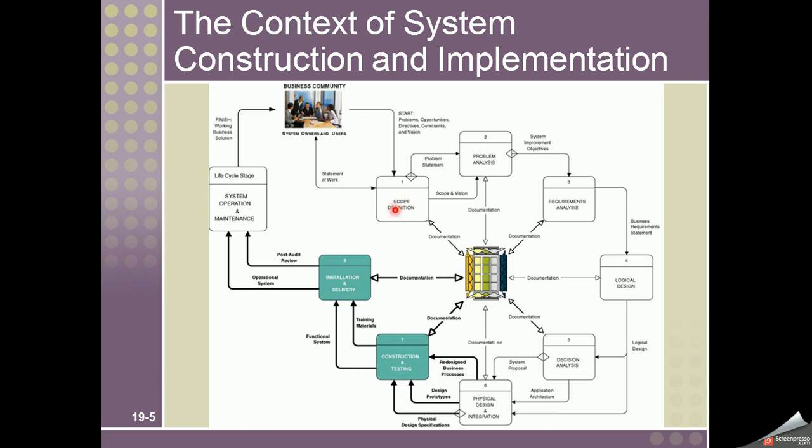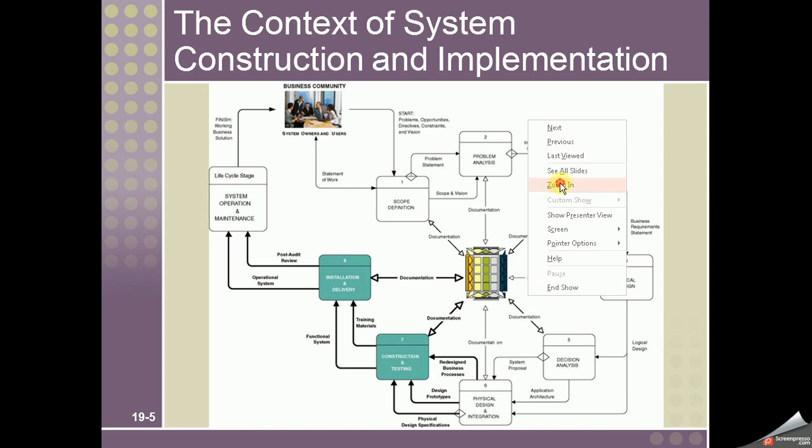If you recall, in SAD1, we had started from the scope definition phase, then problem analysis, requirement analysis, logical design, and decision analysis. In SAD2, so far, our focus has been on physical design and integration, right?